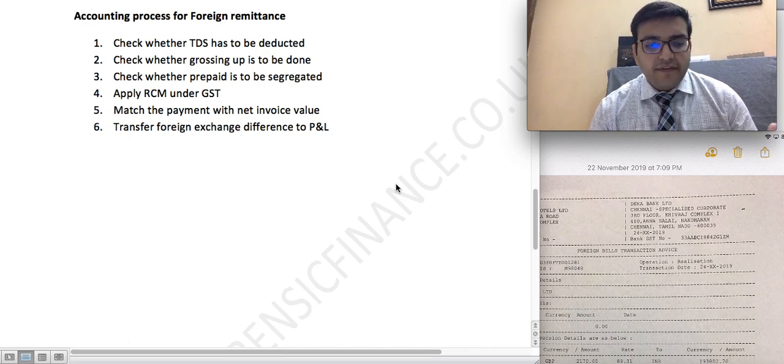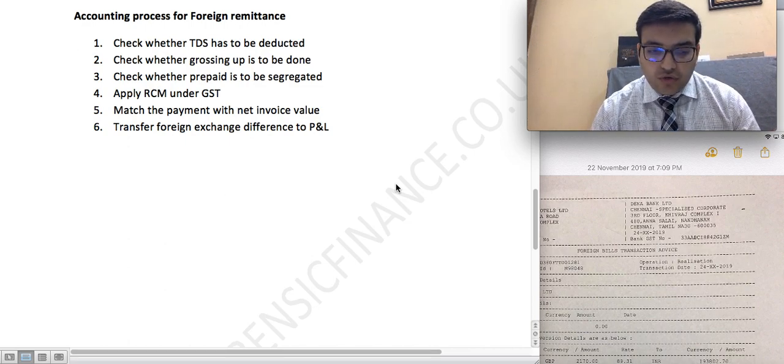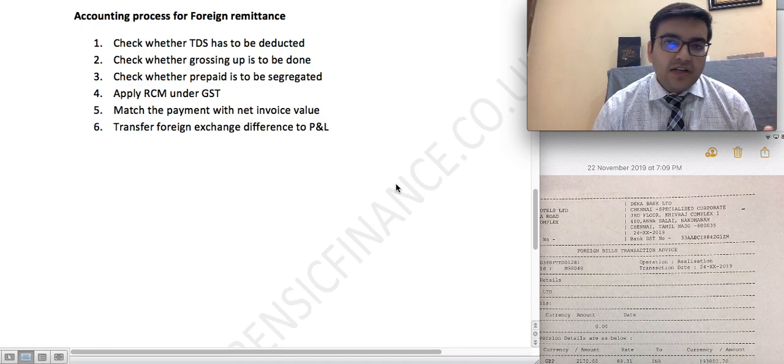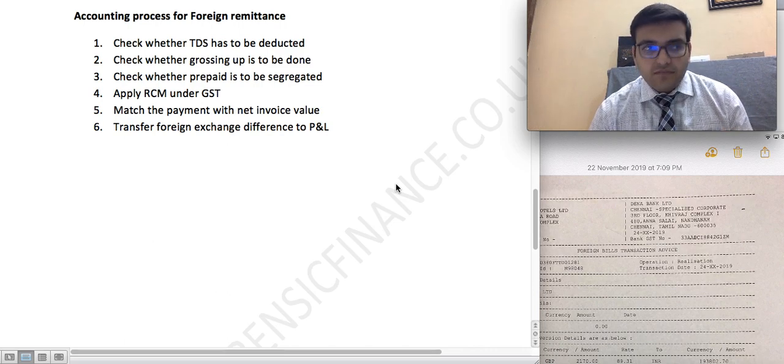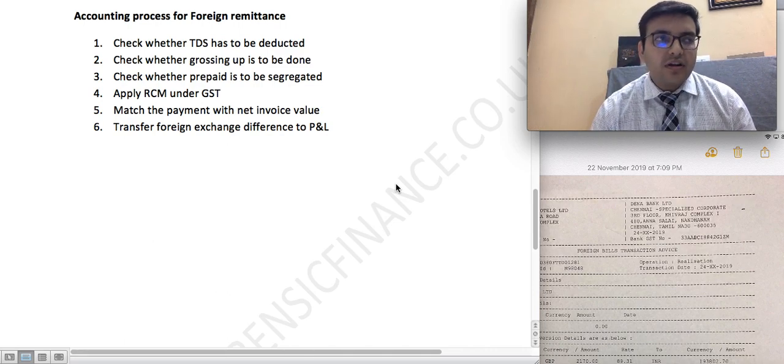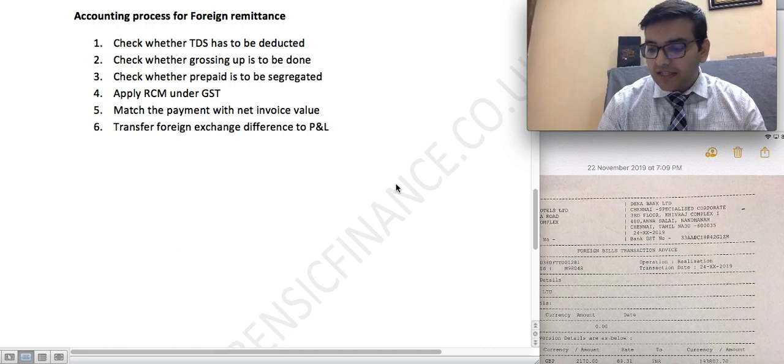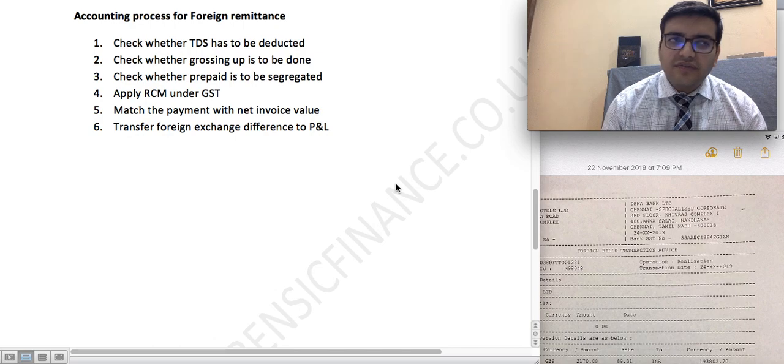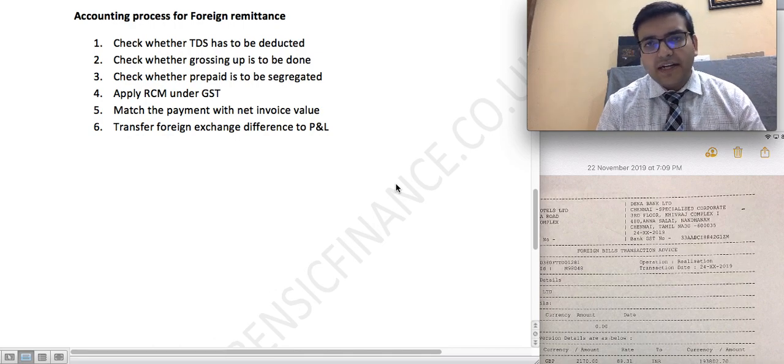So we have already told you that we are a hotel company named Bonvoy Hotels, and we are making a lot of payments to foreign parties for various things, like a music service online, or a spa service, or any online service given by foreign parties, or the reservation service, maybe advertising service, it can be anything.